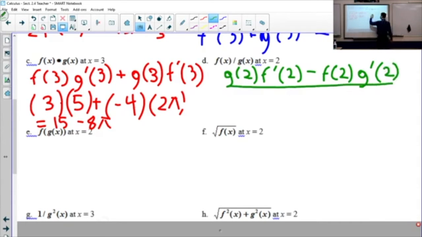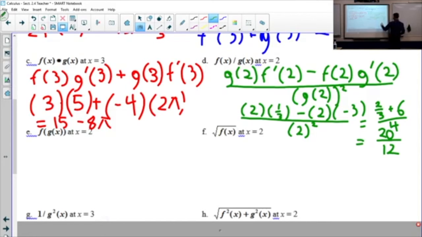So take g of 2 and then square it. Here we go. We're going to plug in our numbers. So when I get a common denominator here of 3, this is going to be 20/3 over 4, which is 20 over 12. Those are both divisible by 4, so we can make that 5 over 3.